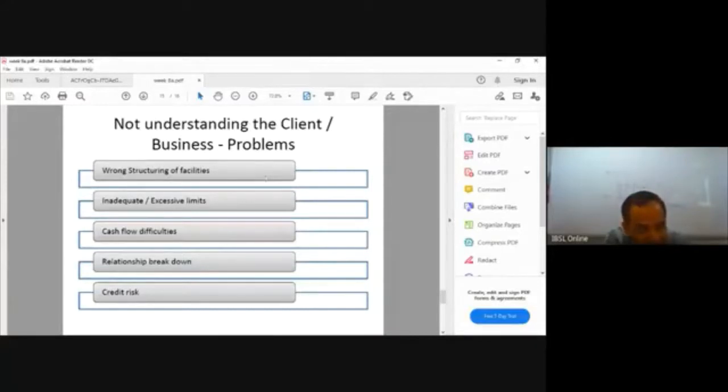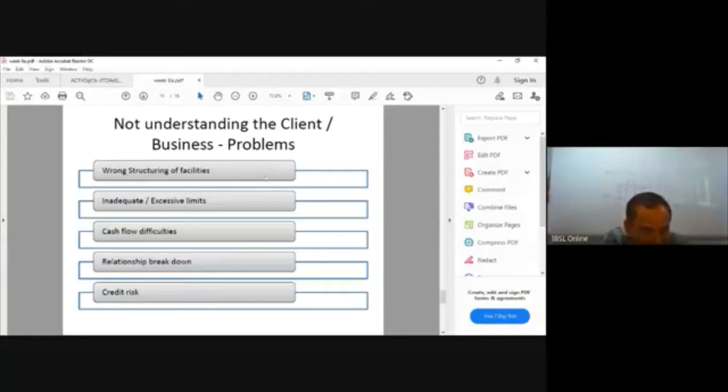So leave alone these COVID-19 related moratoriums and all that. Those are things we will have to somehow live with and get over, and then we will see the real problems after this moratorium period is over. That's a different issue. But under normal circumstances, if you make a mistake in structuring, that is, in my experience, where we come across bad loans and non-performing advances most of the time.